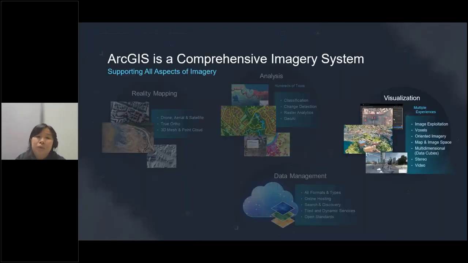Visualizing this data is critical for contextualizing imagery analysis and putting it into action. ArcGIS visualization capability enables scientists and analysts to transform complex imagery and GIS datasets into understandable and tangible solutions.